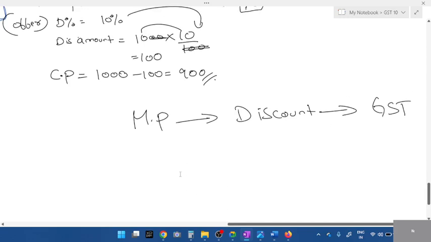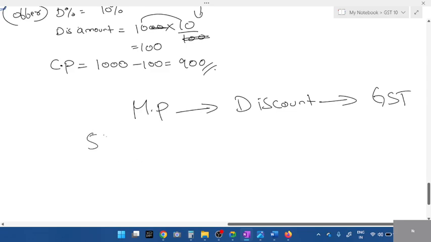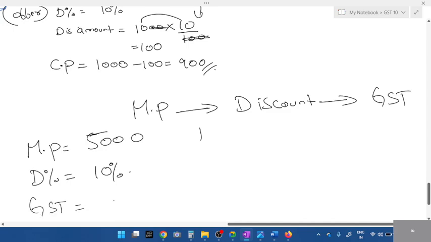Okay, for example, mark price is 5000. I am a shopkeeper. I'm going to sell you a mobile phone for 5000 and I'm going to give you a discount. Discount percent, I'm going to give 10%. And I'm going to charge GST tax, 5%.